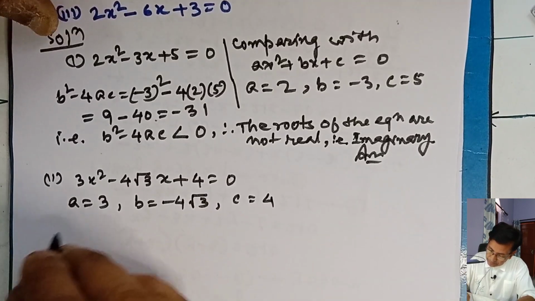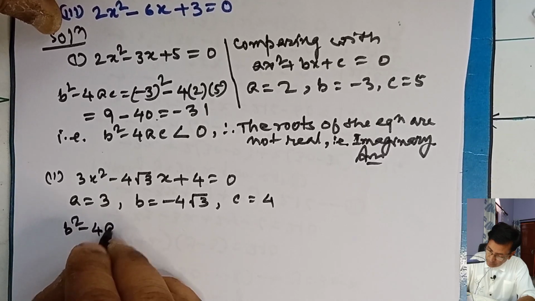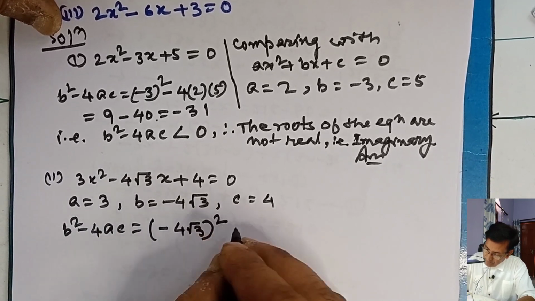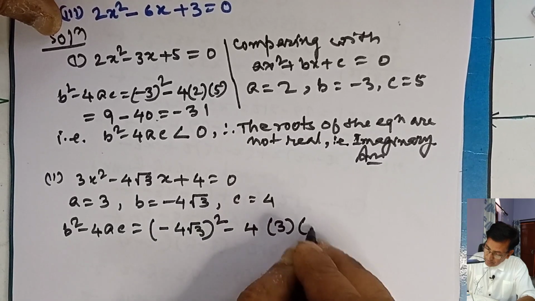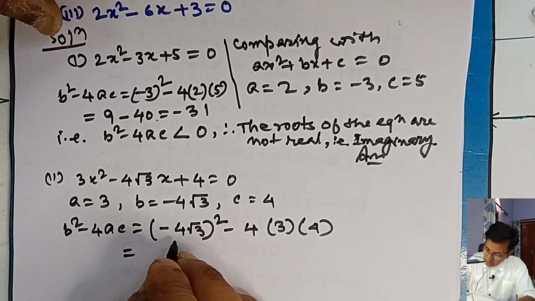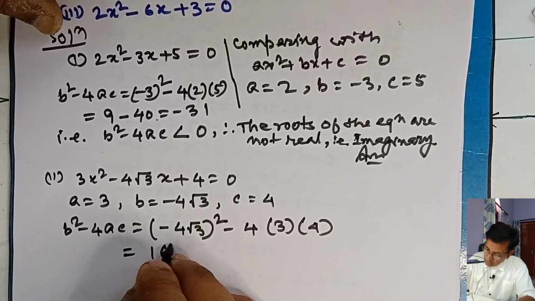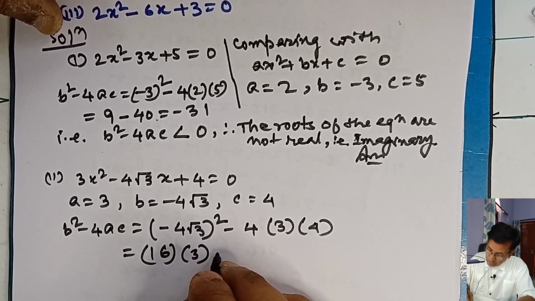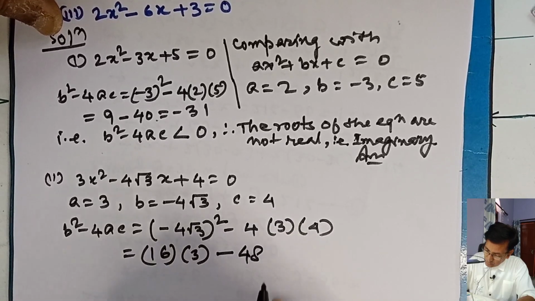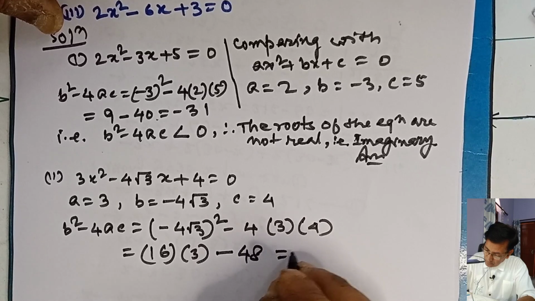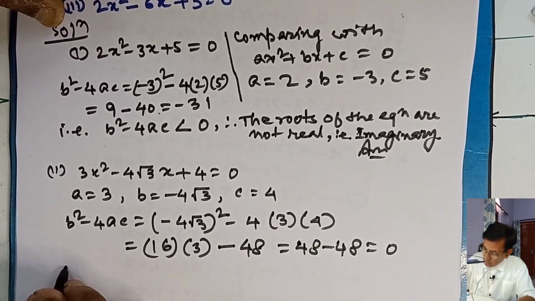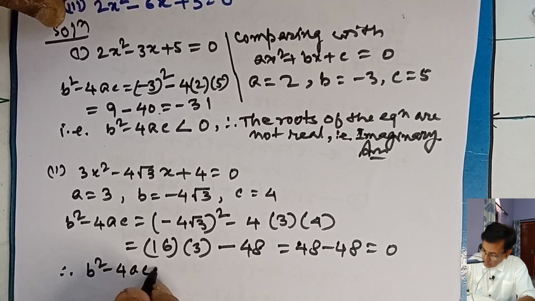So the value of discriminant b square minus 4ac is equal to minus 4 root 3 whole square minus 4 into 3 into 4, which is 16 into 3, 48, minus 48 is equal to 0. Therefore, b square minus 4ac is equal to 0.